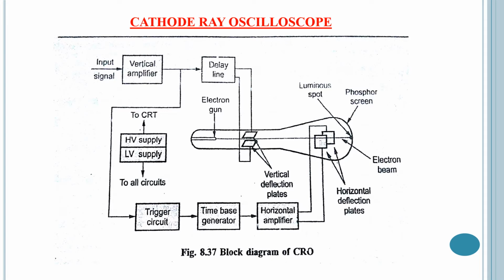So here we shall study the cathode ray oscilloscope, and this is the diagram, or you can call it a block diagram, of the CRO, which consists of various parts, and we shall see how exactly the cathode ray oscilloscope works. The CRO requires the cathode ray tube, which acts as the heart of the oscilloscope.